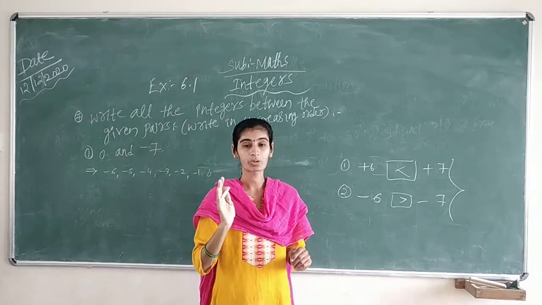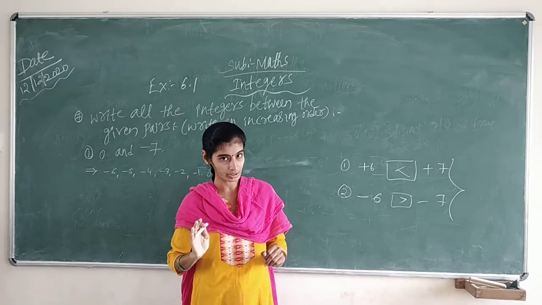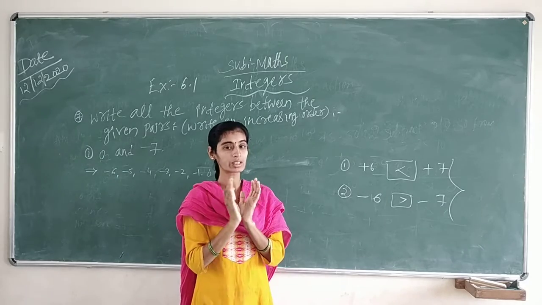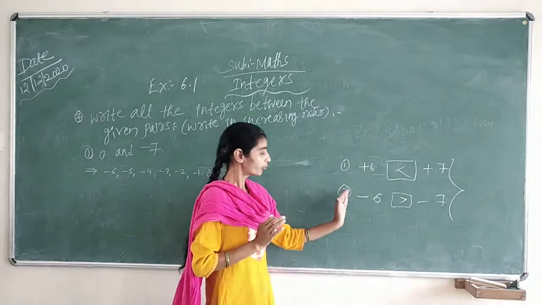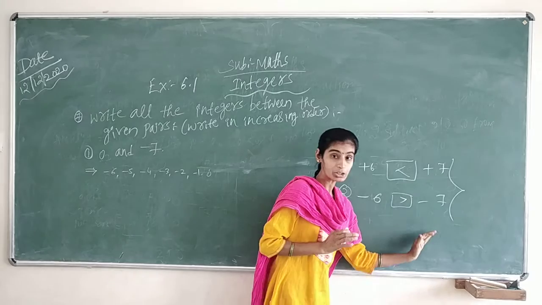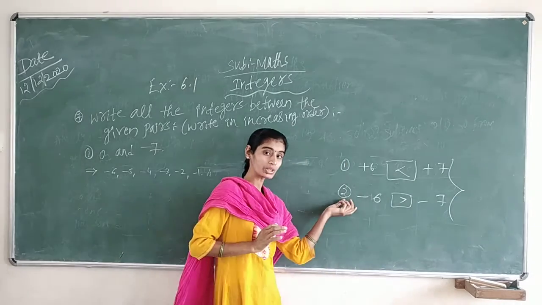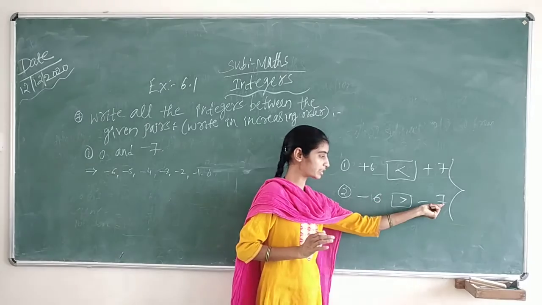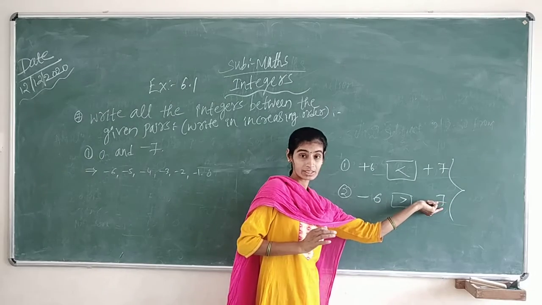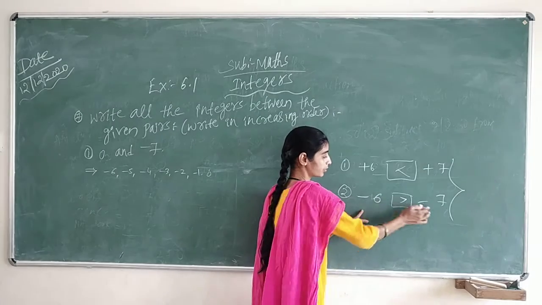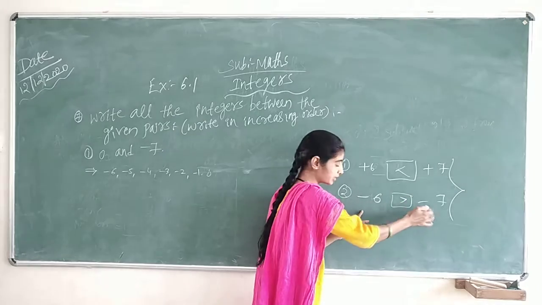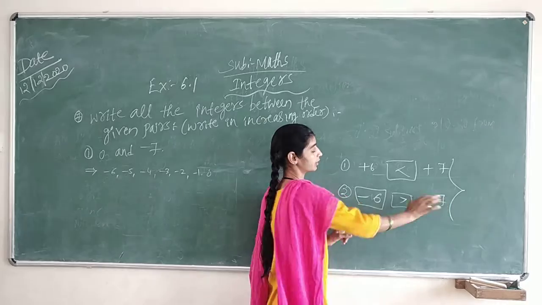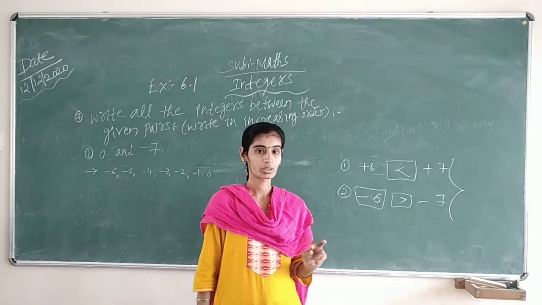When the numbers are negative, the lowest number will be the greatest. So now you can see minus 6, minus 7. Though 7 looks bigger, you have to see the sign. In front of them the sign is minus, so minus 6 is greater than minus 7.